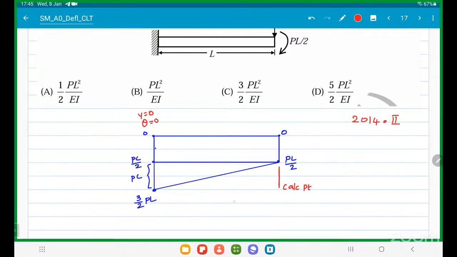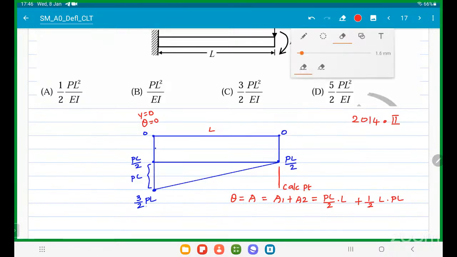So theta is equal to area. Here there are two types of areas, A1 plus A2. What is A1? This length is L. A1 is PL by 2 into L. A2 is half B H. Half into B, L, into H, PL.